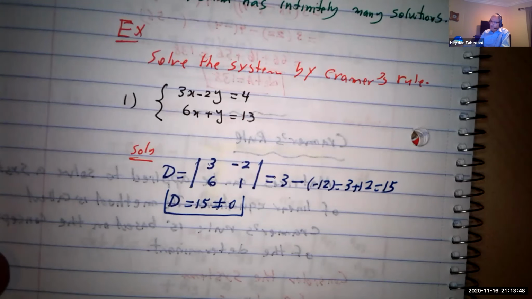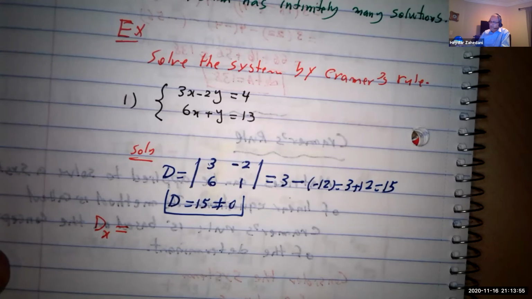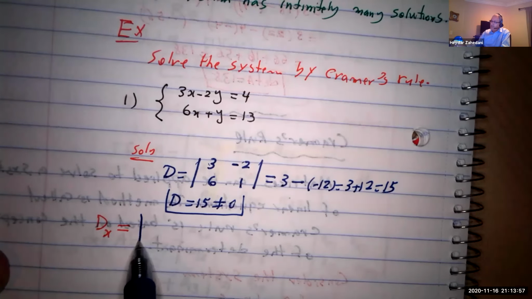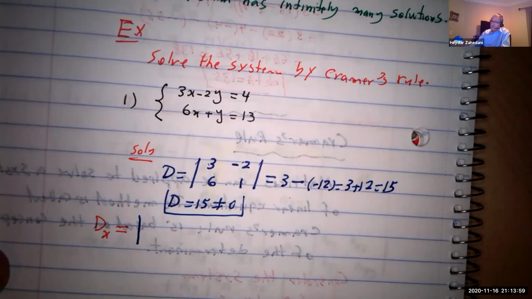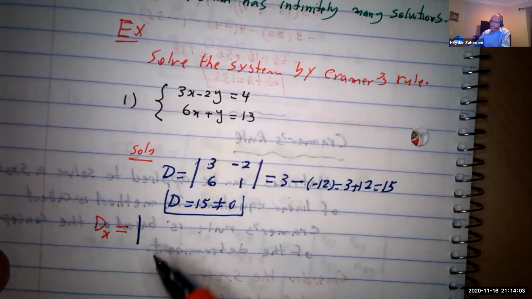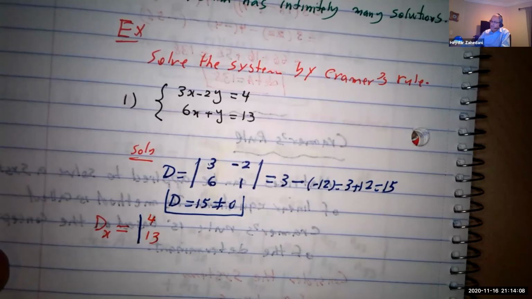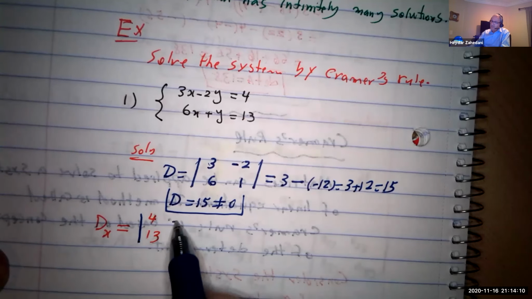Okay, we're going to find D sub x. What is D sub x? You replace the first column, the coefficients of x, by the column of constants. So this is going to be 4, 13. The second column is as is, -2, 1.